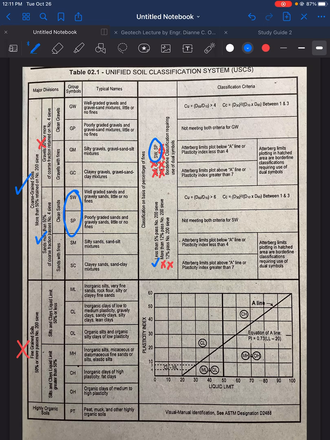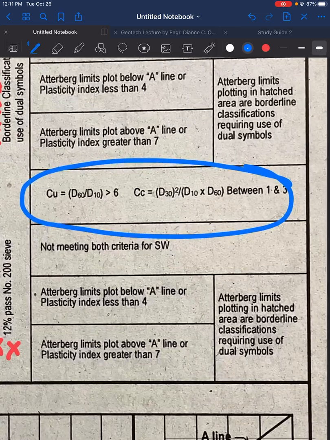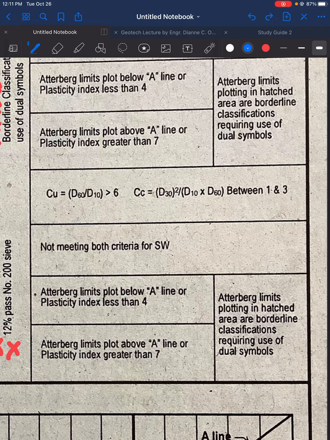Now, for SW and SP, for this classification, we need to satisfy this one here to fit SW. If we did not satisfy this portion here, therefore the answer will become SP. Okay, so we need to solve these formulas here, the CU and the CC. Now, the formula for CU is D60 over D10.